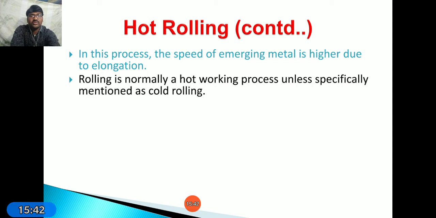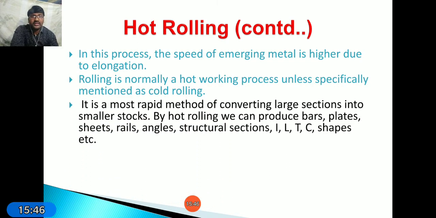90% of the rolling process is done by using the hot working process. Next, it is the most rapid method of converting large sections into smaller stock. By hot rolling, we can produce bars, plates, sheets, rails, angles, and structural sections like I, L, T, C, and other shapes. Sheets can also be converted into pipes, that is, seamless pipes can be made from sheet metal.